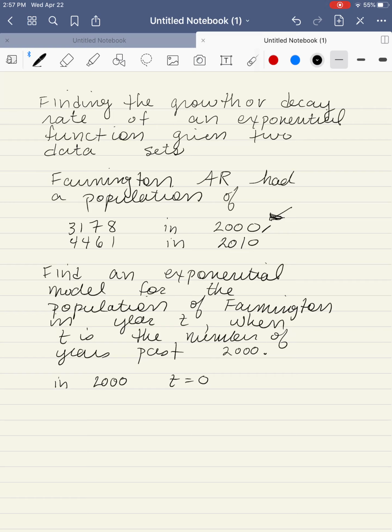So in 2000, T equals 0. That's what let T be the number of years past 2000 means. All right, so we're trying to find here an exponential model. That means an exponential function that can predict the population in a given year.